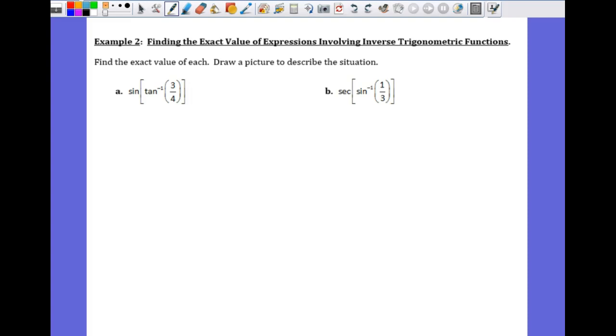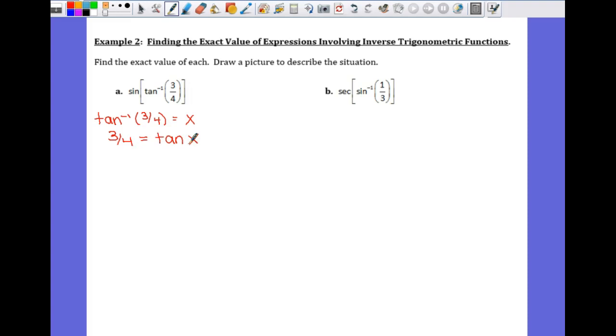You can picture that as saying the inverse tan of 3/4 equals x, because it's the backwards of what we're thinking. So how do you get rid of an inverse tan? You take the tan. So 3/4 equals the tangent of x.